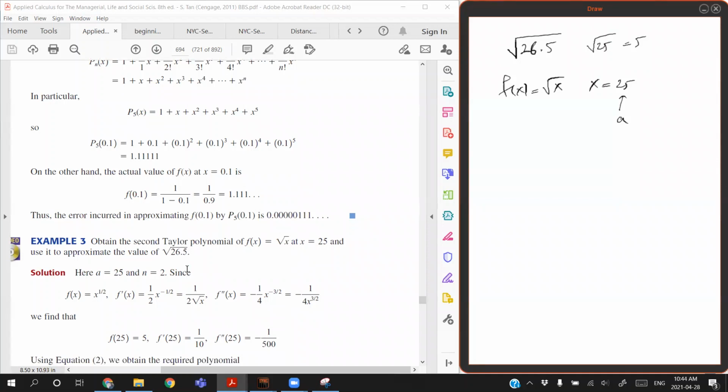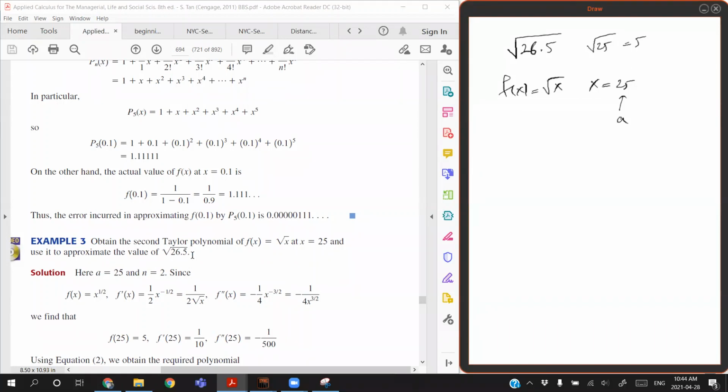But I was just trying to explain to you that if I'm not given f of x, if I'm not given that x must be centered around 25, you should know that just by looking at the problem we're trying to solve.